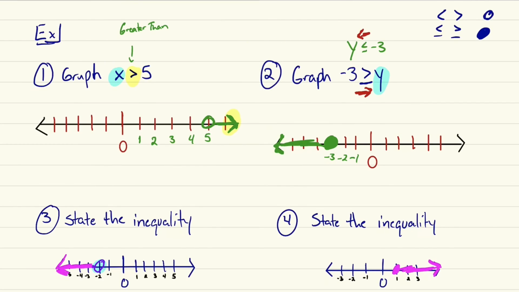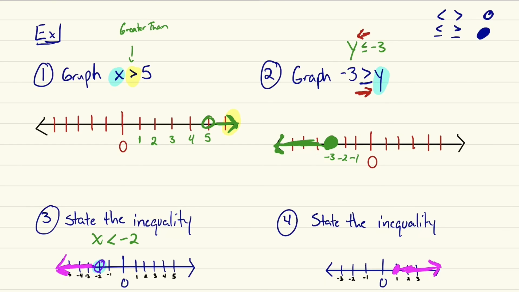So I'm going to have x that I'm comparing, and I'm going to have -2 that I'm comparing, because I have the open circle at -2. Now I see that I'm shading to the left. So since I have an open circle and I'm shading to the left, that gives me less than. It's not less than or equal to because we have an open circle.